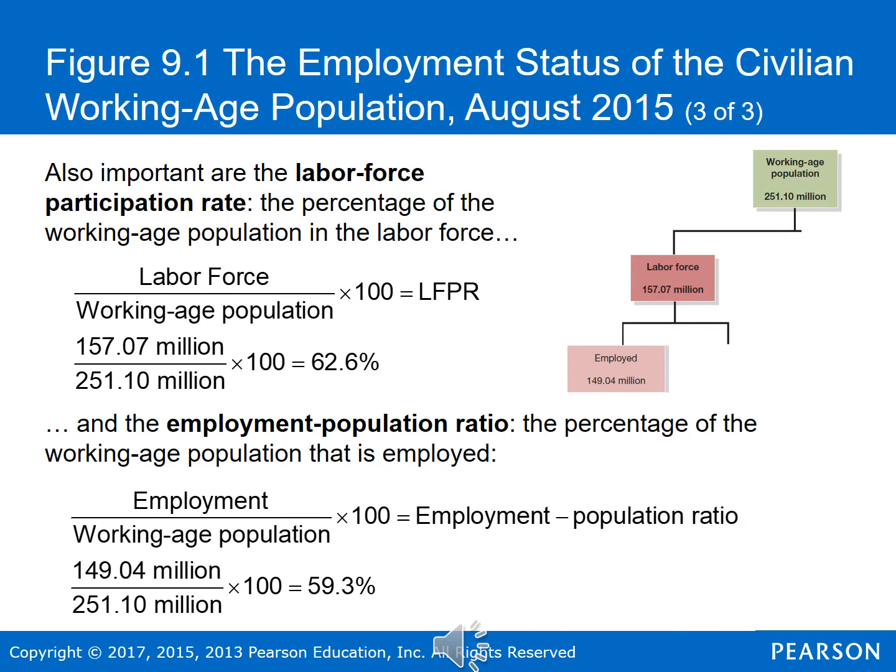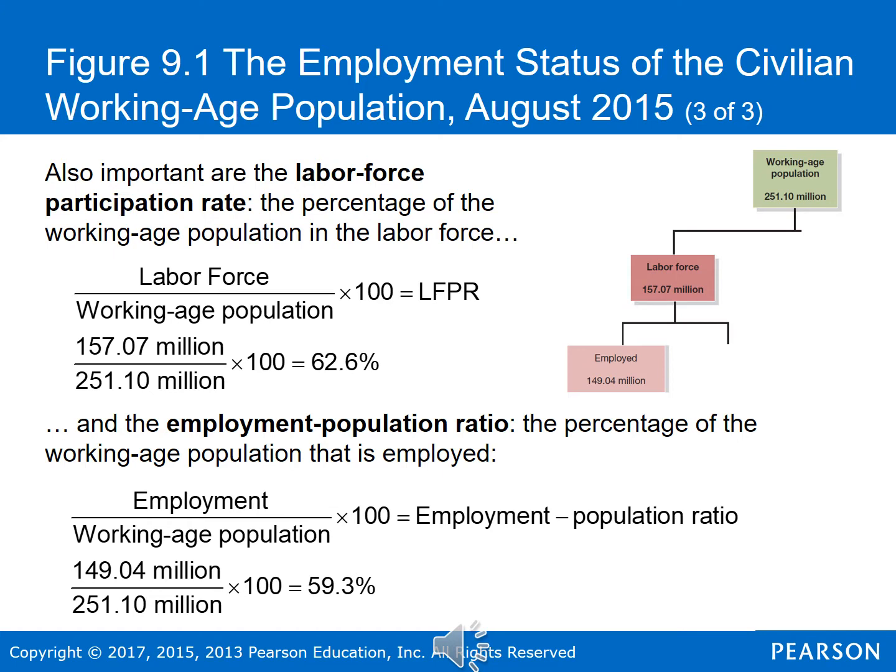Another important labor market indicator is the labor force participation rate. And that's the percentage of the working age population that are considered in the labor force. So we take the labor force, the number of people in labor, and then we divide by the entire working age population. And again, we multiply it by 100 so we can get the percentage. So again, in August 2015, there were 157.07 million considered in the labor force.